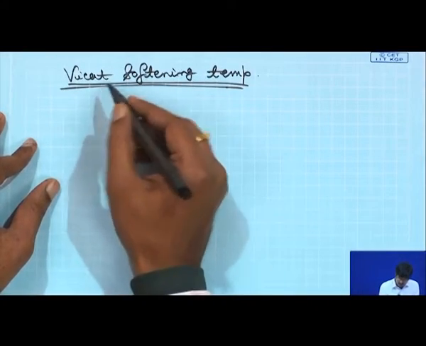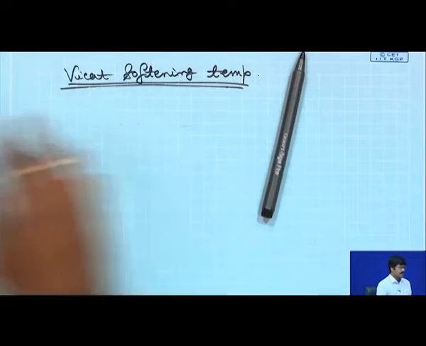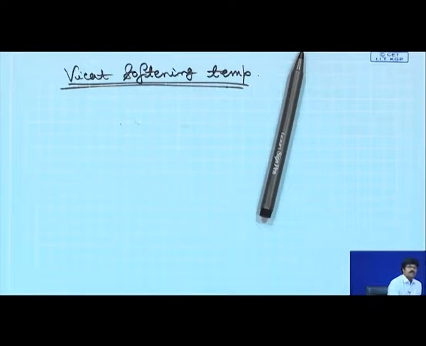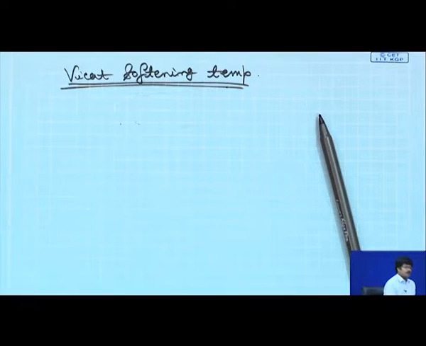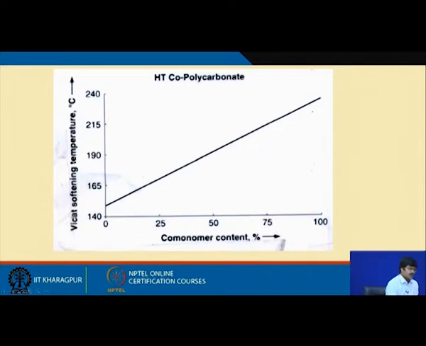So, if you look at the PowerPoint presentation here, if you go to the slide please, you will see that the Vicat softening temperature is plotted as a function of the co-monomer content. So, depending on the relative amount of the different co-monomers, this Vicat softening temperature, or the temperature at which the material is softened, or the temperature at which the mechanical properties are lost, can be plotted as a function of the co-monomer content.